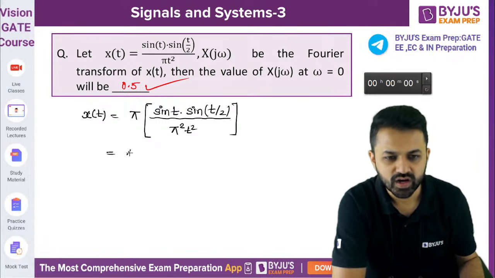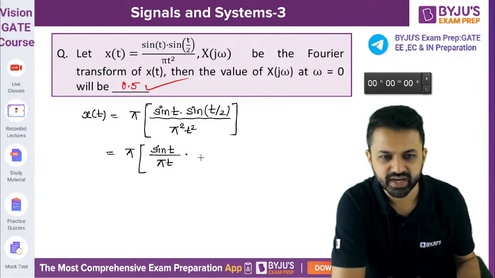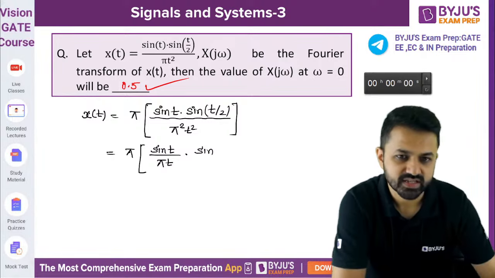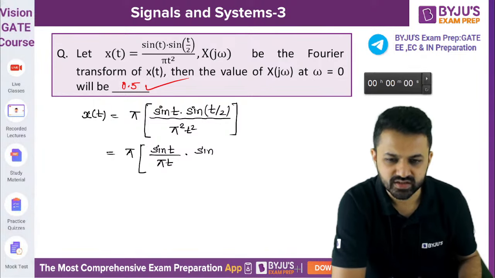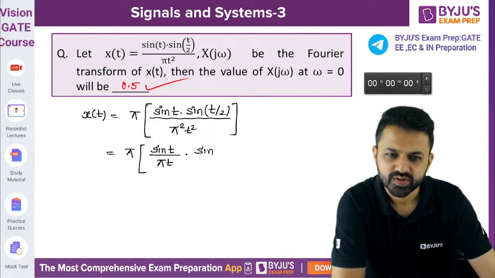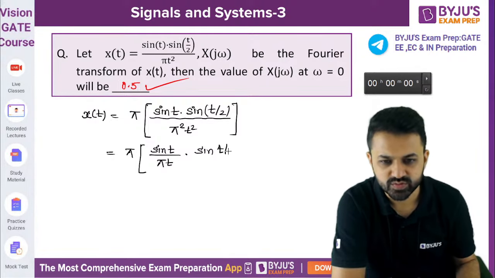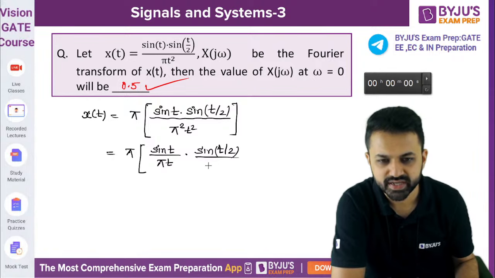Now this is pi, we can separate it out and write sine t upon pi t multiplied with sine t by 2 upon pi t. I think there is a mistake in the question, I guess.